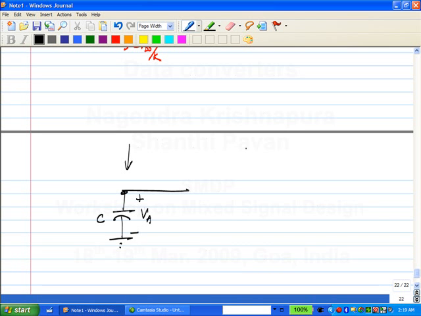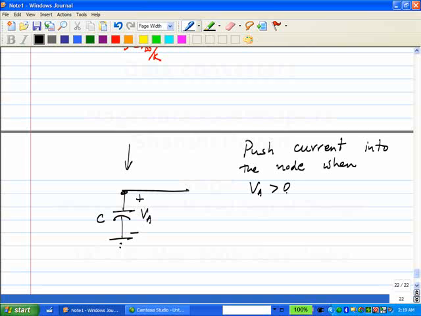So push current into a node when VA is greater than 0. What will happen? The voltage will keep increasing, correct?